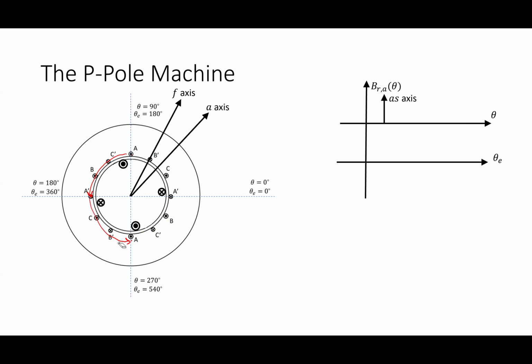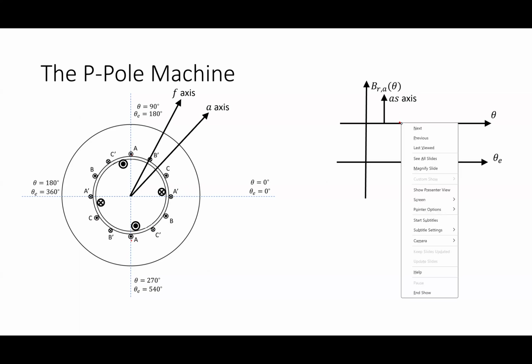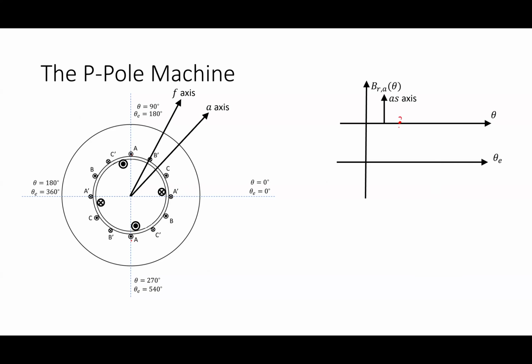So if I look at what's going on here, coil A is located here. This is where I have the dot. This is 90 degrees, and over here would be my 180. Then there's also an X right there at 0 degrees, and another dot over at 270 degrees.